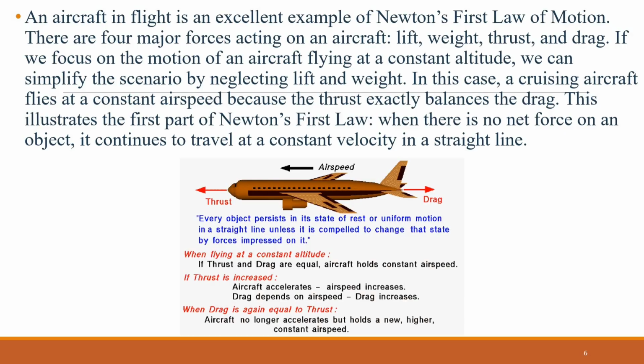This example also highlights the role of engine thrust. Thrust serves two key purposes: to accelerate the aircraft and to balance drag during cruising. We often focus only on the first purpose, acceleration. High thrust is crucial for fighter planes, where rapid acceleration and maneuverability are needed.